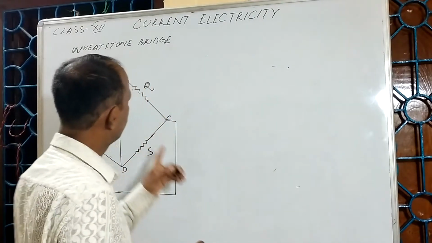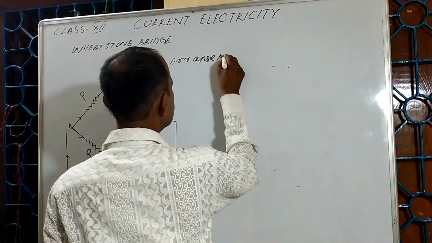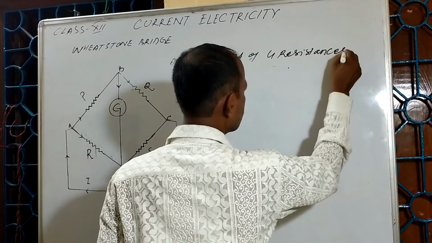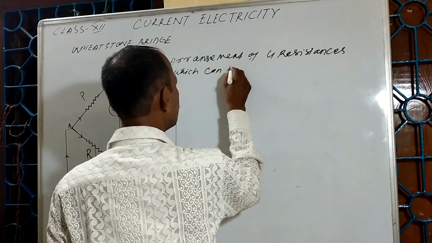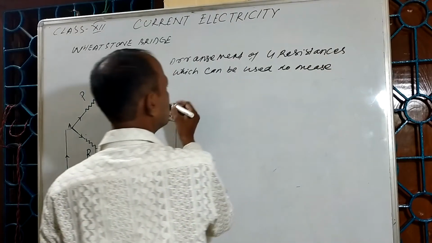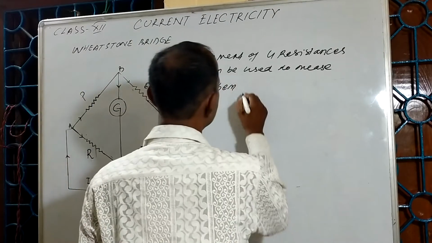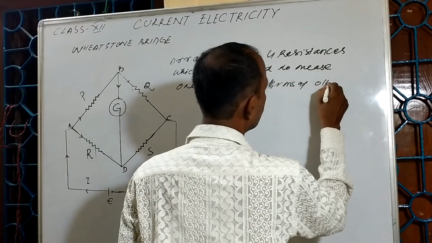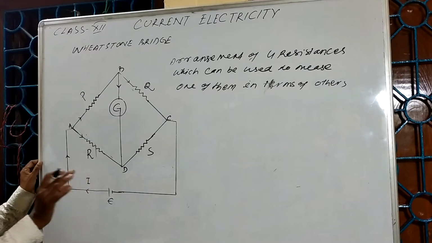So I can say that it is an arrangement of four resistors or resistances, which can be used to measure one of them in terms of the others. Okay.